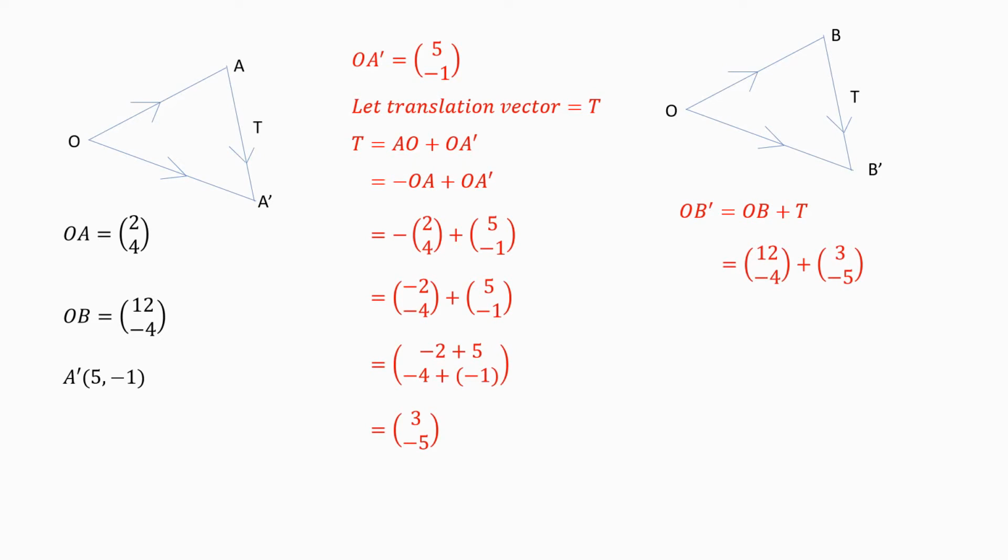So we sum the two: 12 plus 3 and negative 4 plus negative 5, which is equal to (15, negative 9). So if OB prime is (15, negative 9), this implies that the coordinates of B prime are (15, negative 9).